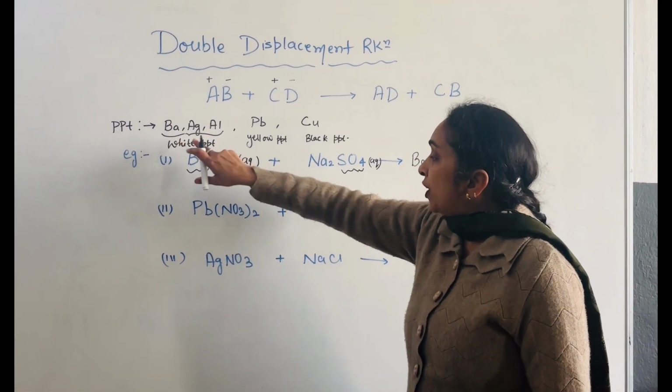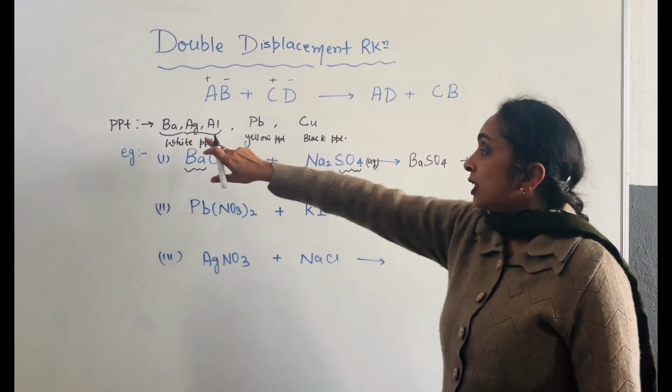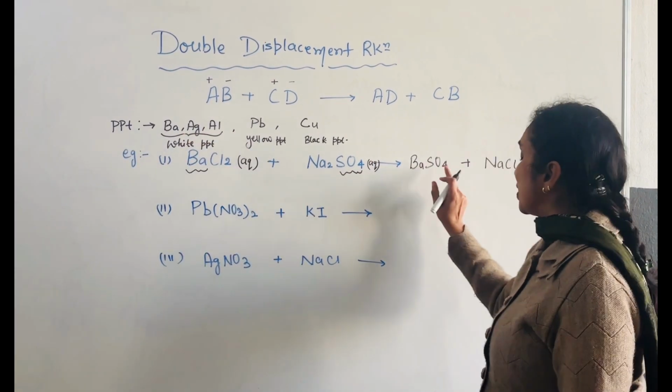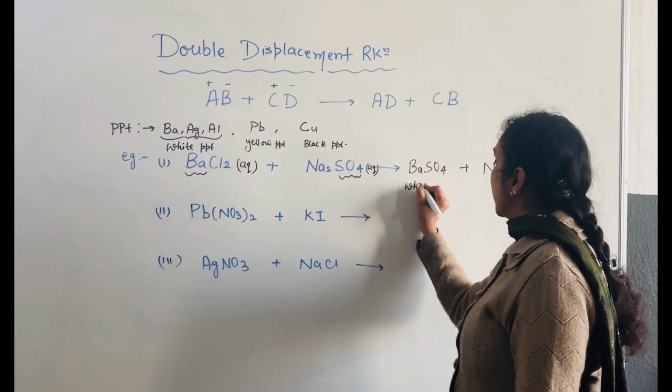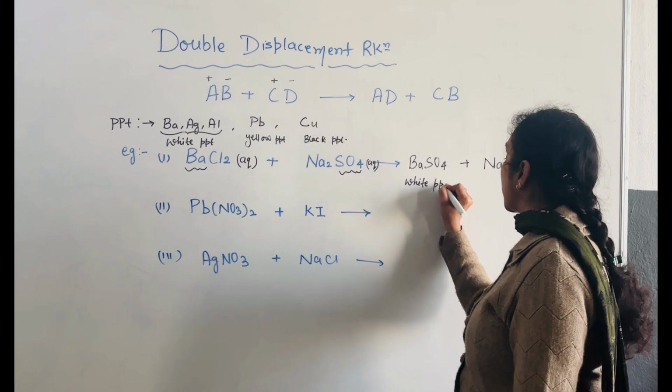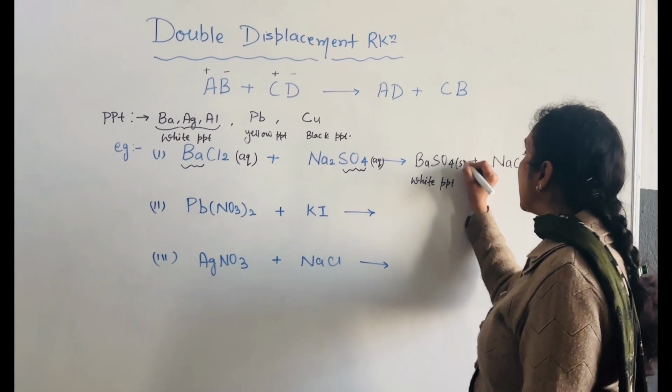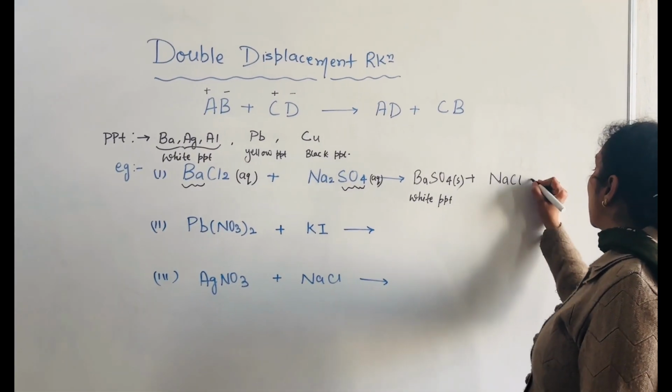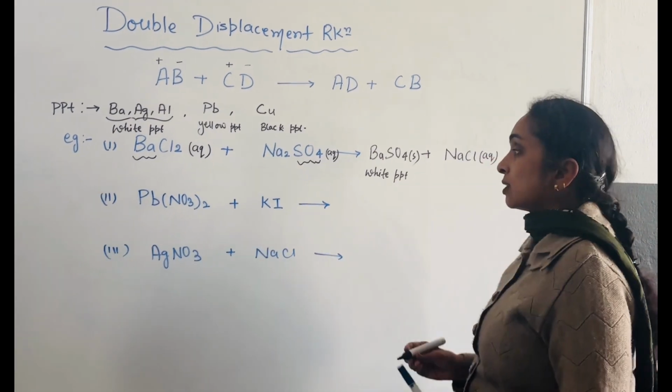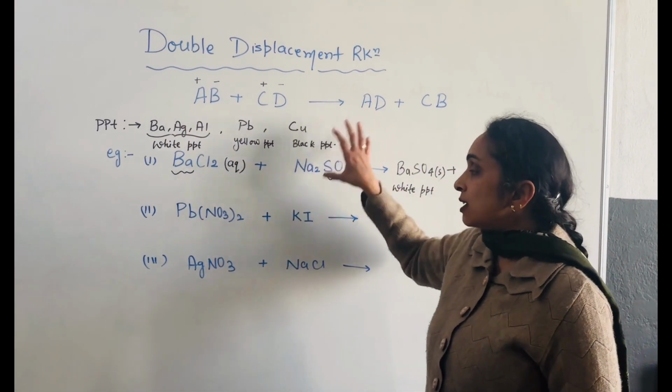Now, which forms the precipitate? The compound of barium forms a precipitate, and it is a white precipitate. So we write S here, and the other one is aqueous. By these tricks you can solve it.